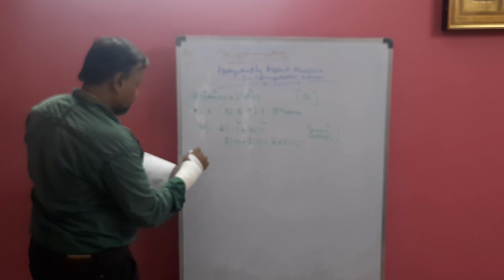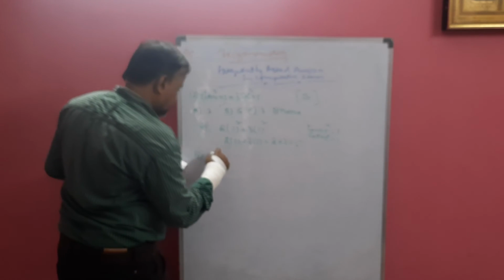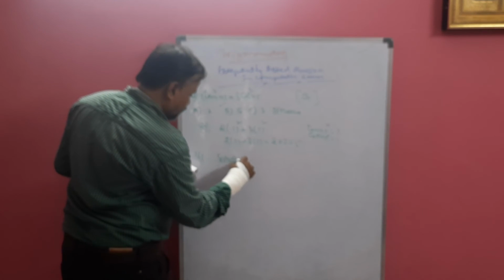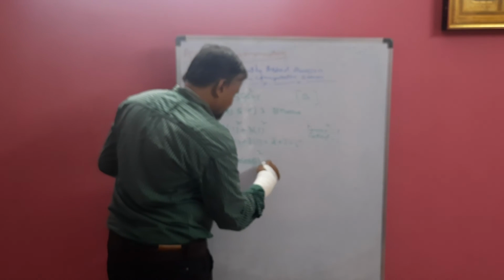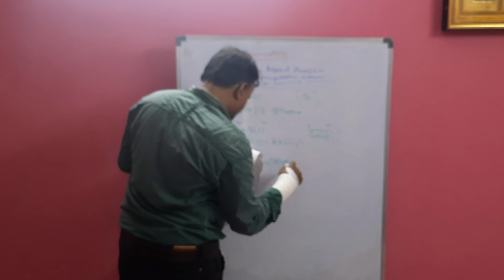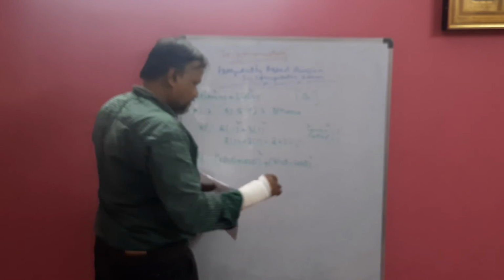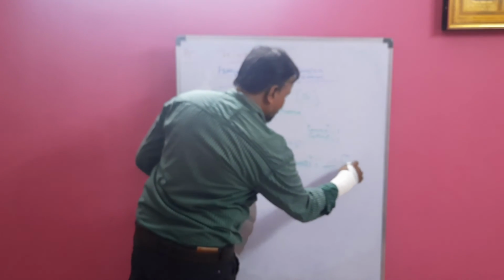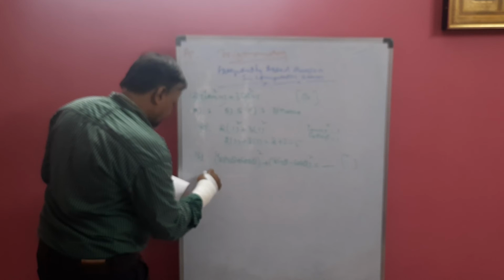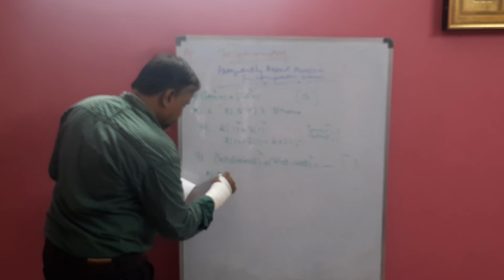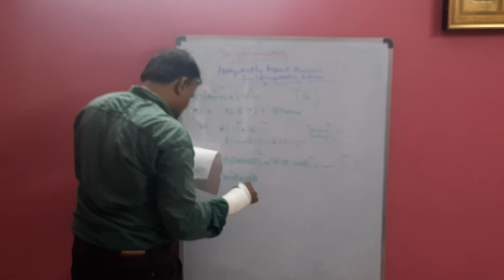Now question number 13. Sin theta plus cos theta whole square, plus sin theta minus cos theta whole square, is equal to dash. The options are: first, A, 2 sin square theta plus cos square theta.